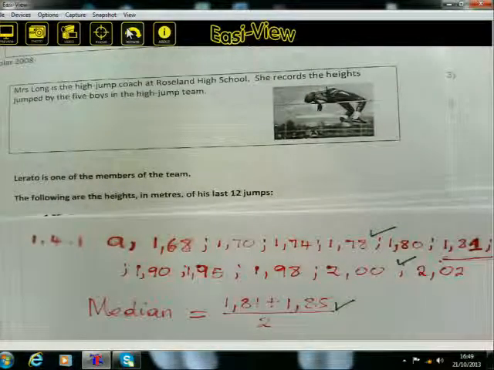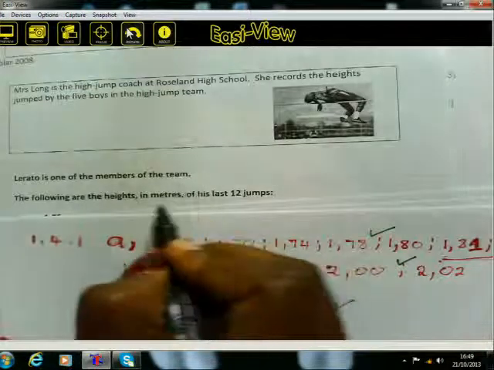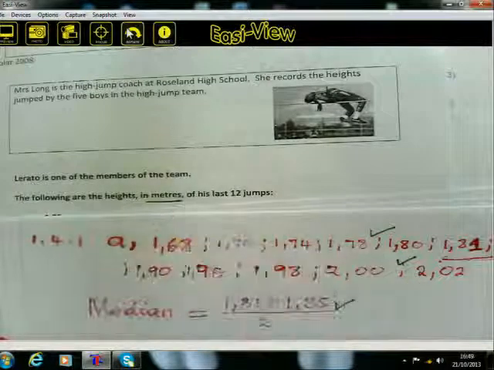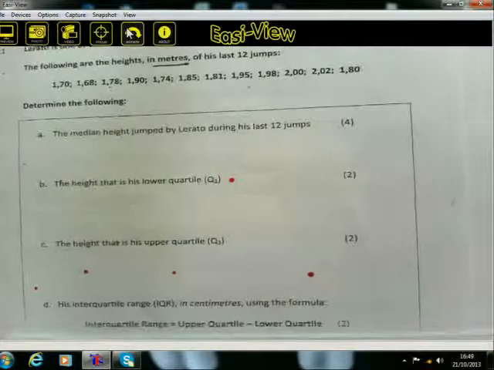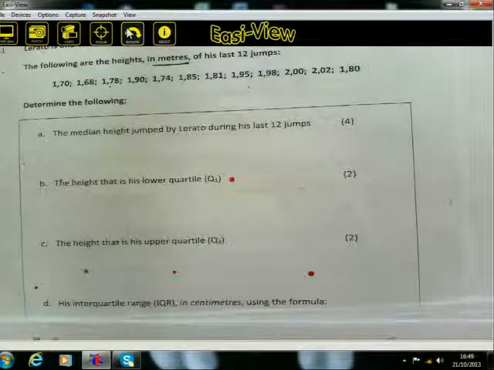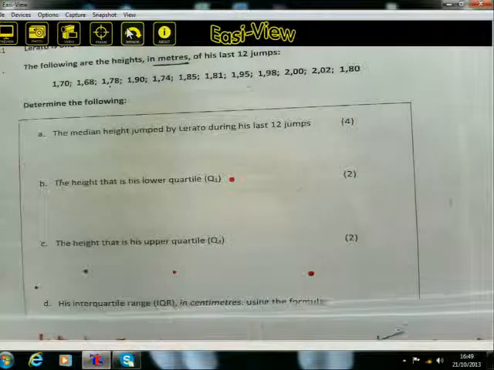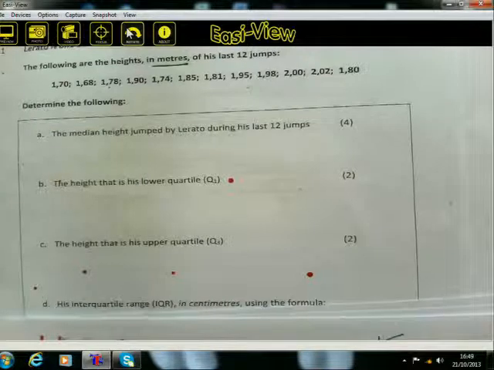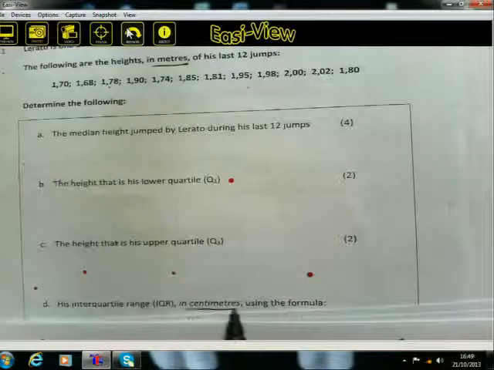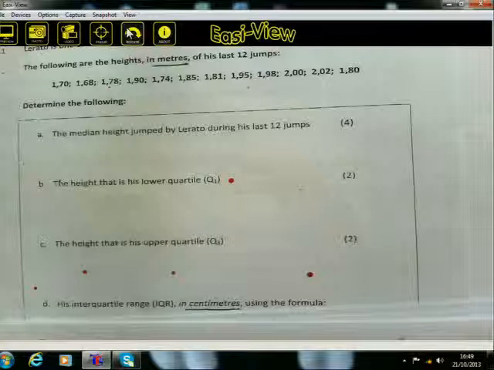It means that your heights were in meters. Underline that. Then you go back to question number D. They said you have to determine his interquartile range, IQR, in centimeters.